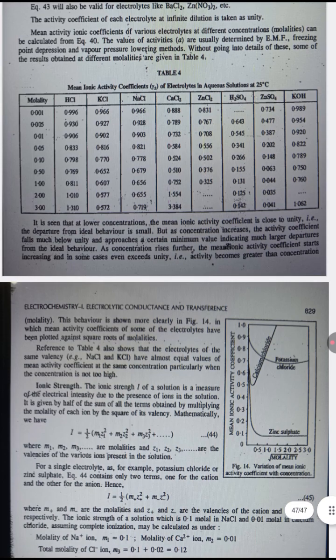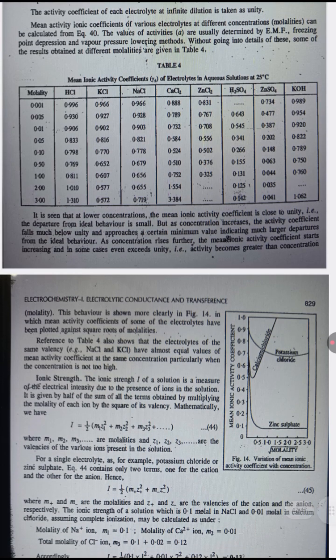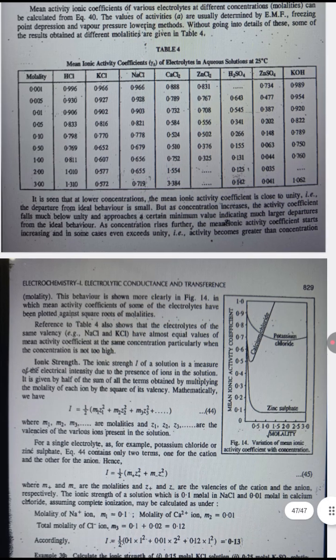The activity coefficient of each electrolyte at infinite dilution is taken as unity. Mean ionic activity coefficients of various electrolytes at different concentrations, molarities, can be calculated from equation 40. The values of activities are usually determined by EMF, freezing point depression and vapor pressure lowering methods.